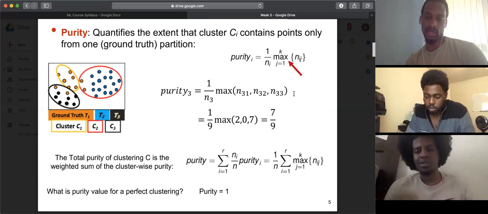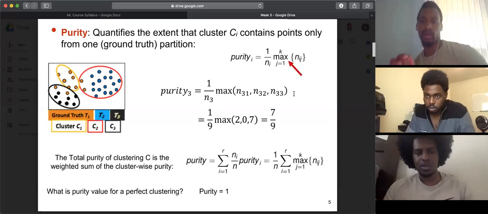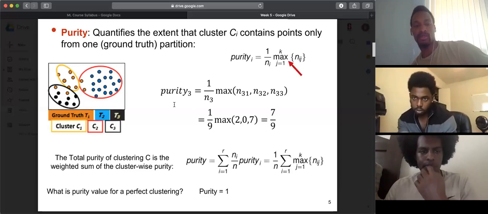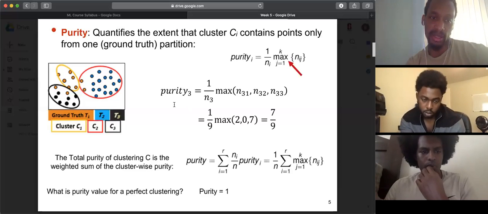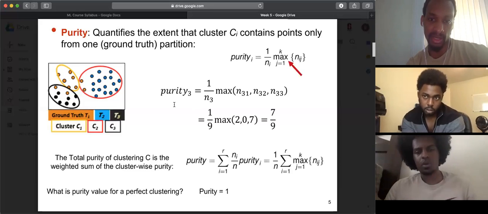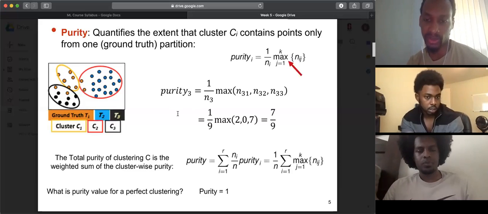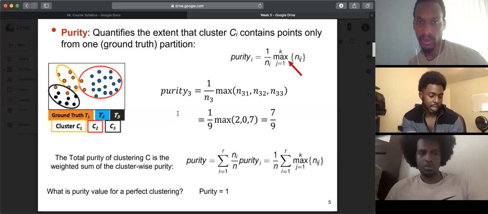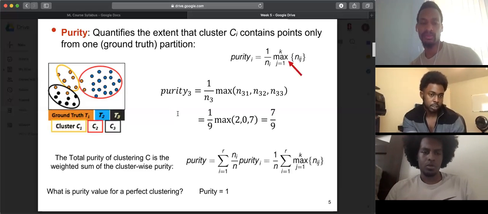So I guess you're right actually, because if you have more points in this cluster that are red or orange or whatever in cluster 3, then this purity would still be the same. If there were 7 orange ones and only 2 black ones, this would be the same value. I guess it's arbitrary, we could get the clusters mixed up. This algorithm doesn't care. Exactly. Oh, that's really dumb.